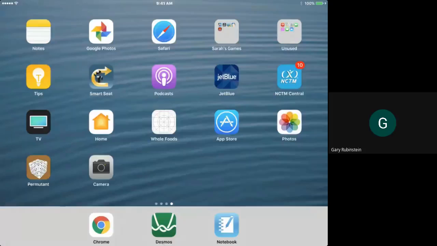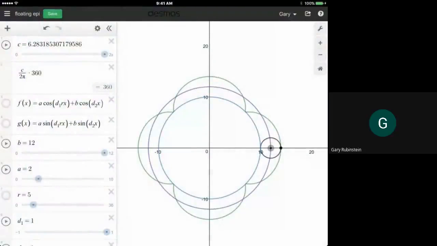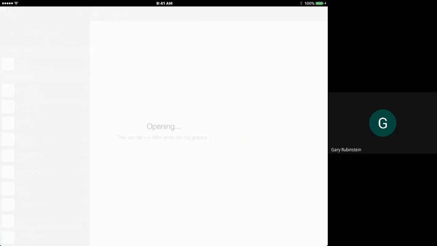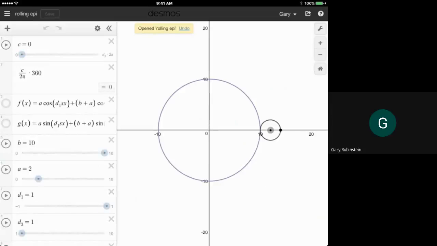Here, you have links to this, I bring up rolling epi, and we can see, watch the points on the circle. See, that looks right. It would look weird to you if the circle were rolling counterclockwise, but the point on it wasn't.